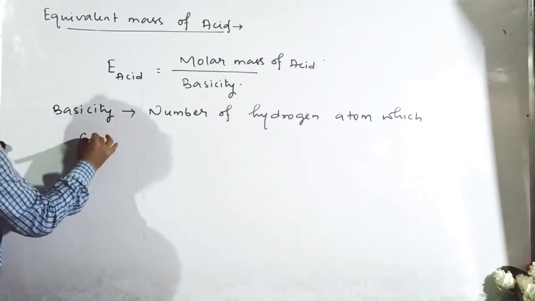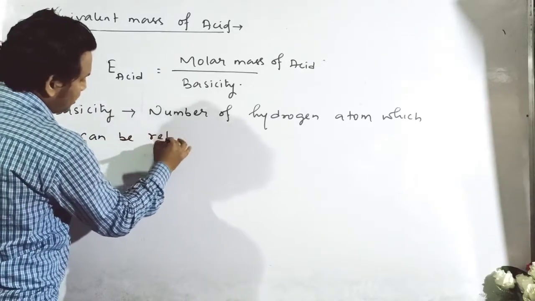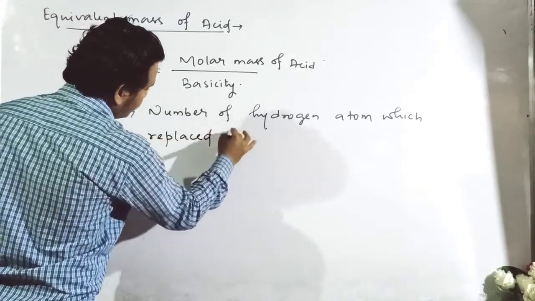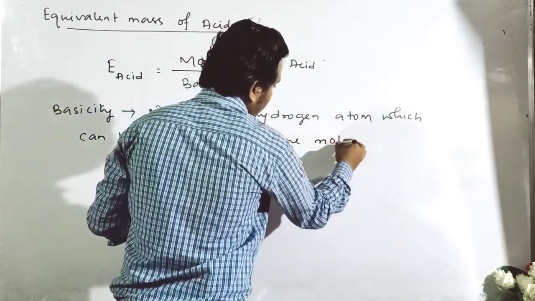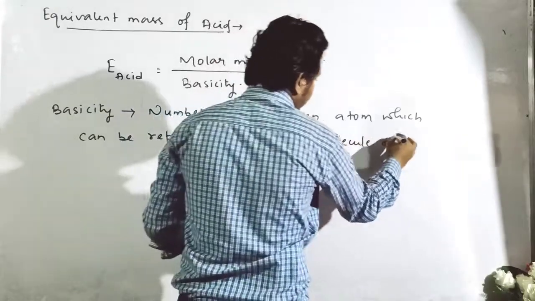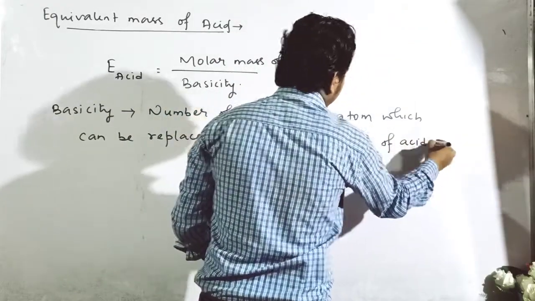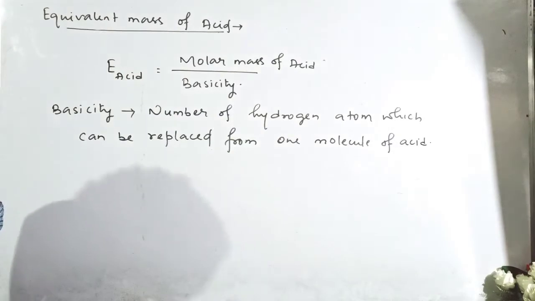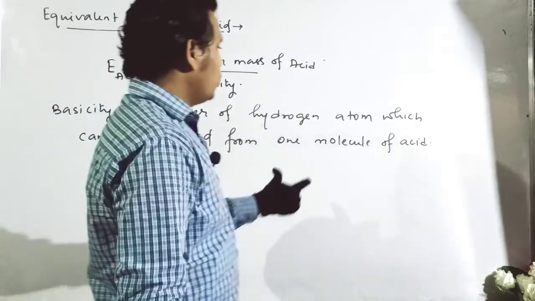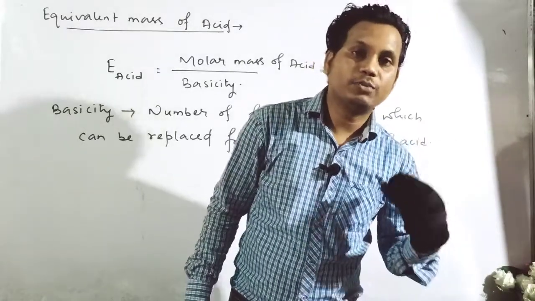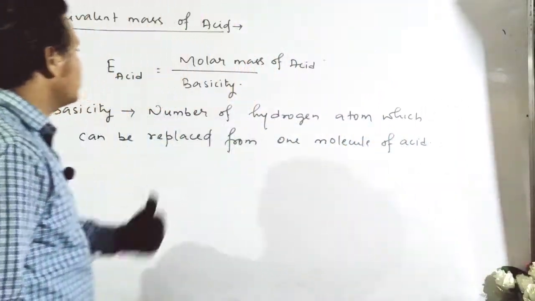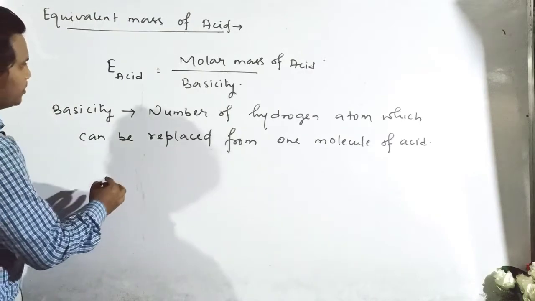So for one molecule of acid, how many hydrogen atoms can it replace? That is called basicity.